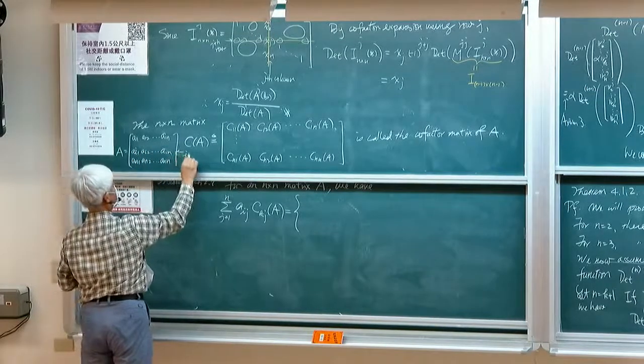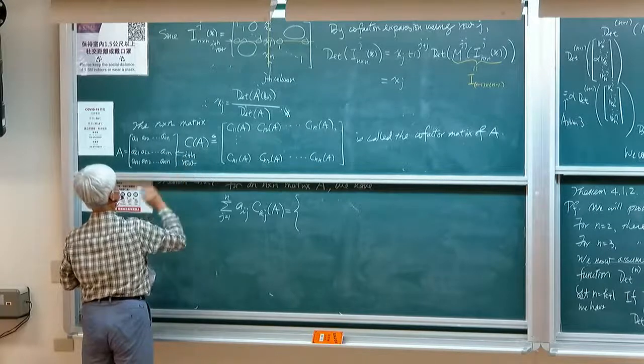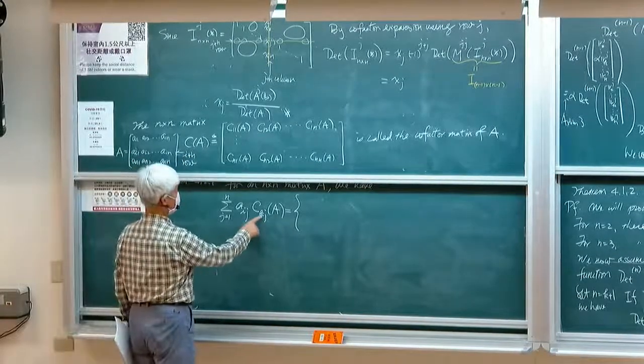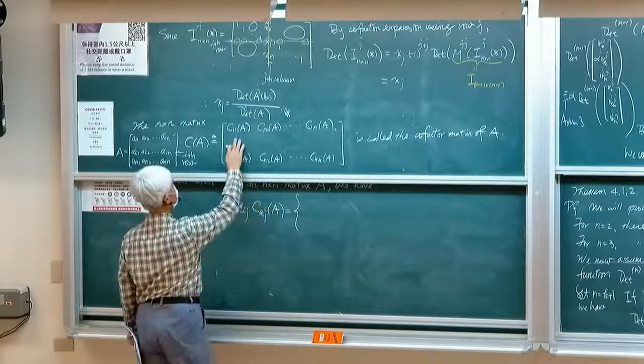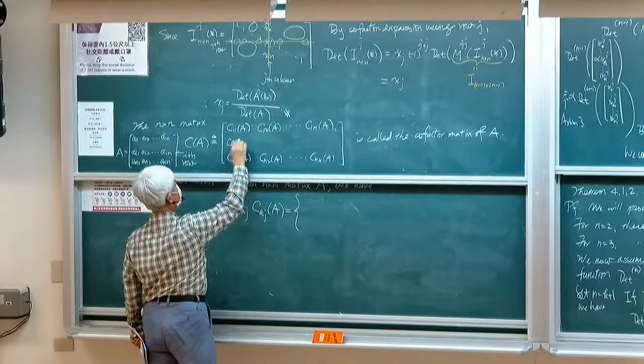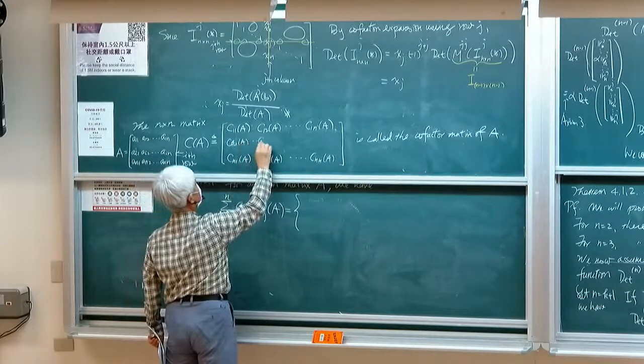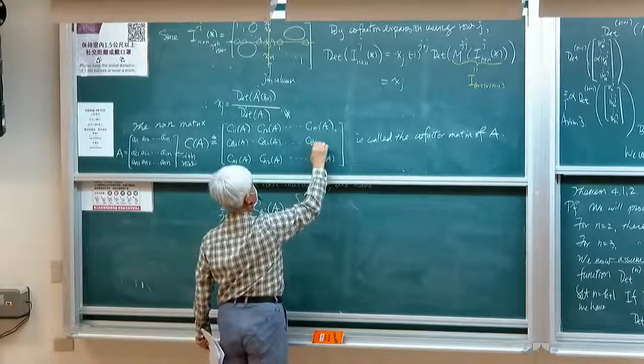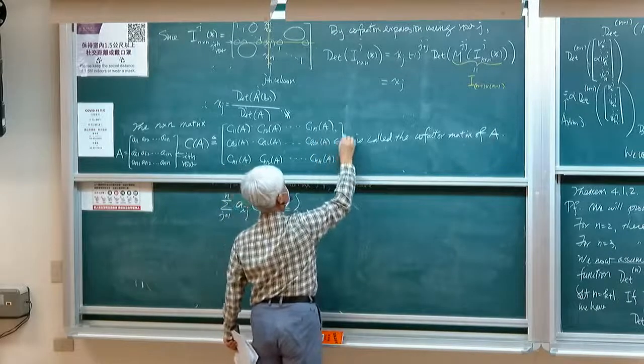This is the ith row of A, and this is the kth row.